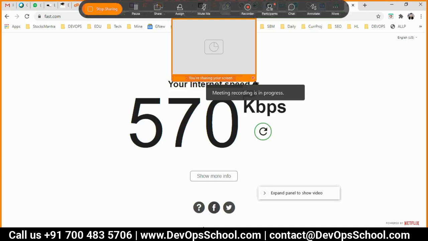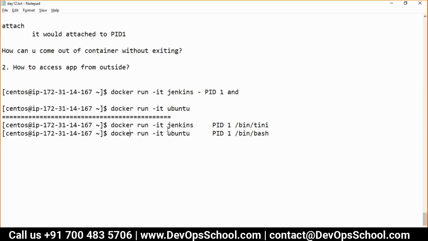Now the question was, see here. Understand this. In Jenkins, the PID1 was tini. Now, the second one, the PID1 was /bin/bash. So when you do -it, you interact with tini, and when you do -it, you interact with /bin/bash.